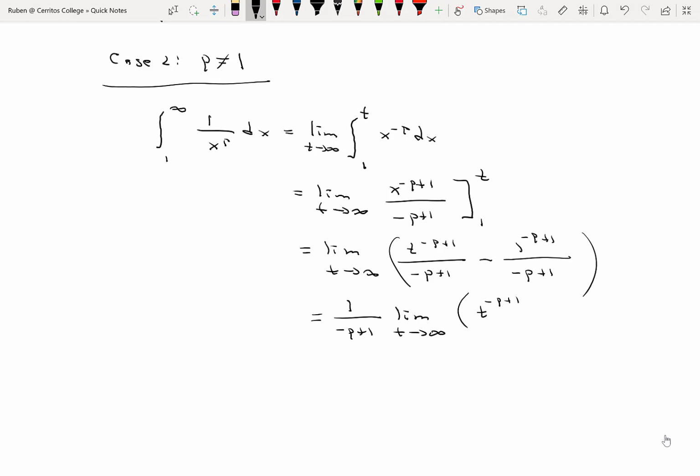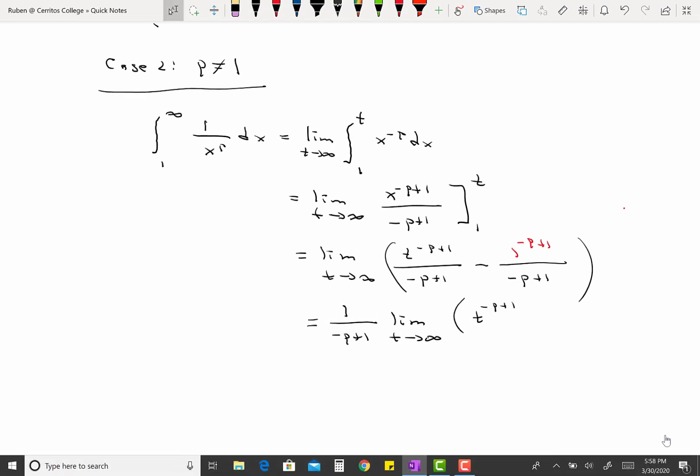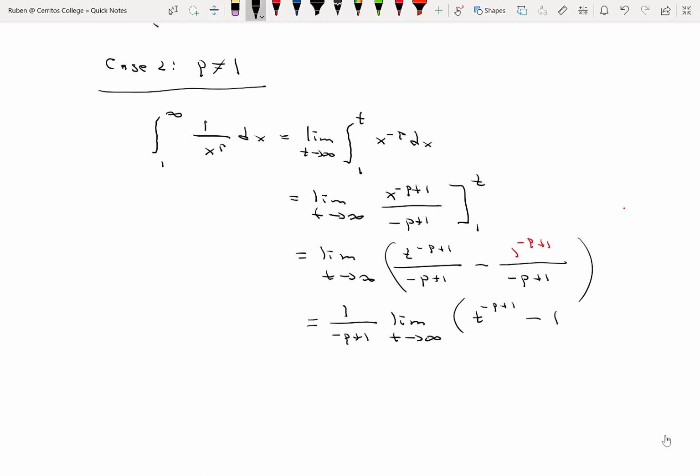In the second term, 1 to the negative p plus 1 has a very simple value: 1 to any power is 1. So that limit's a little easier to look at.